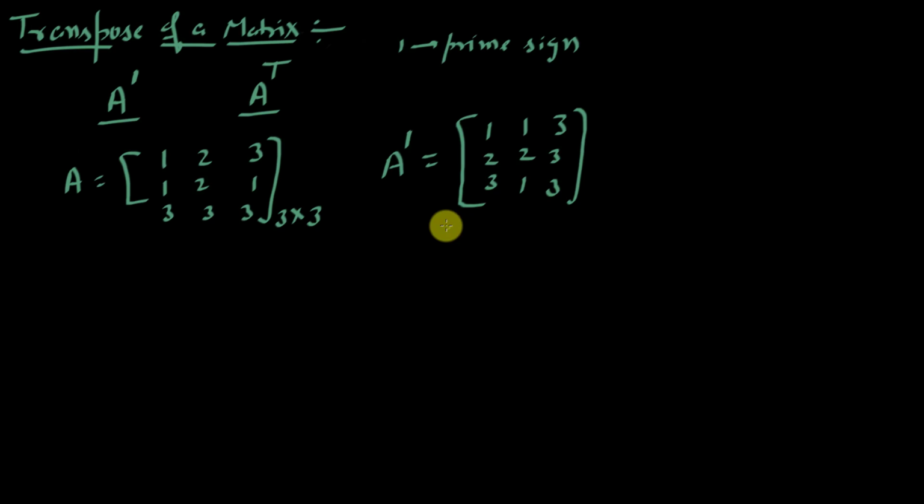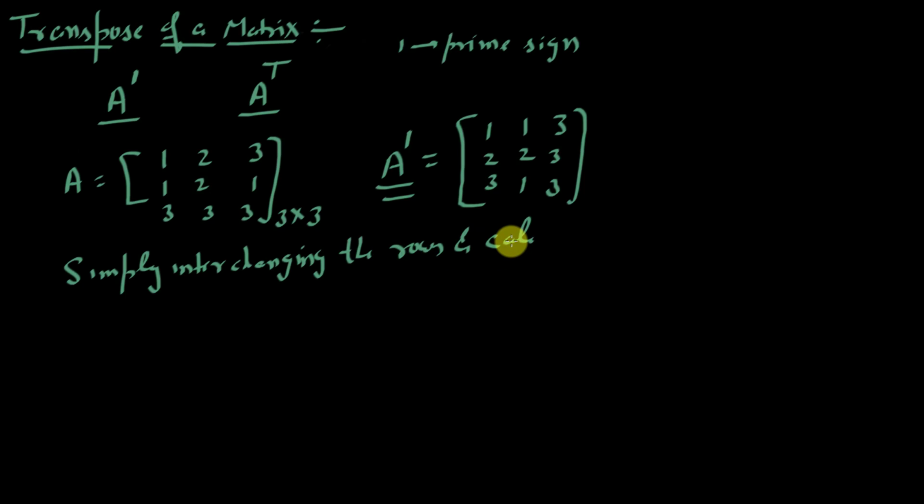So this is the transpose of A. It is simply interchanging the rows and columns of given matrix A. By simply interchanging the rows and columns, we can get the transpose.